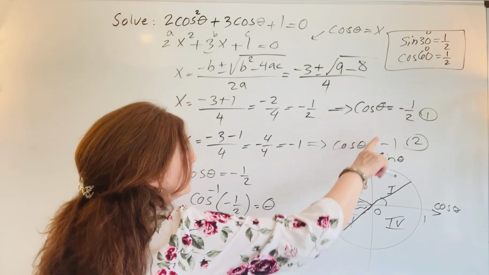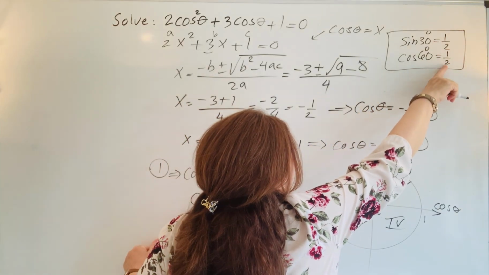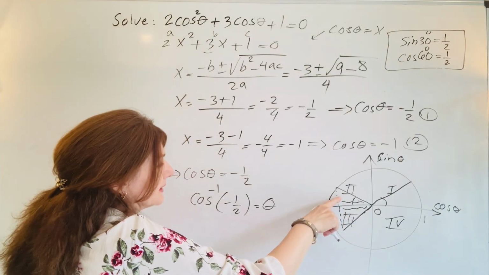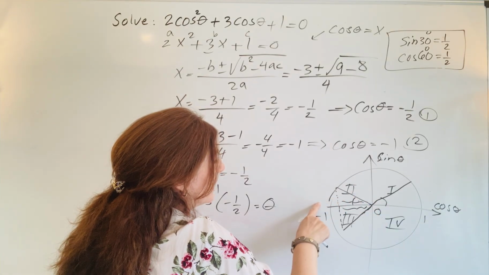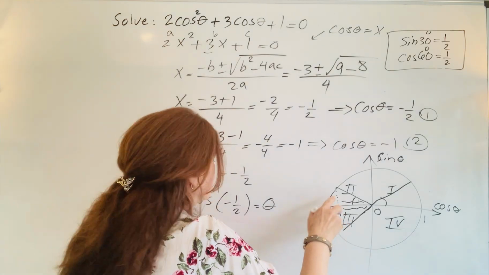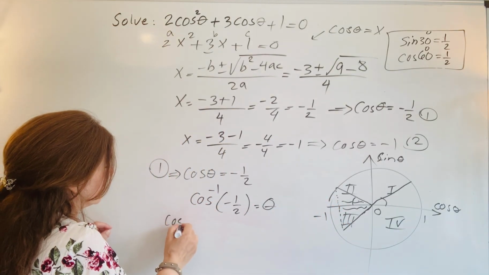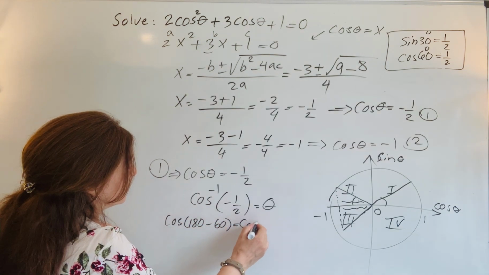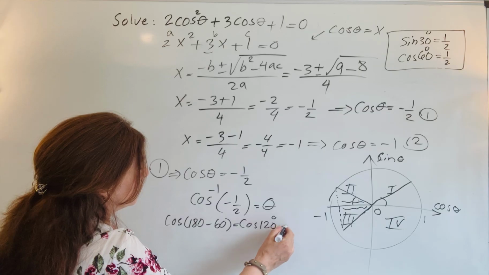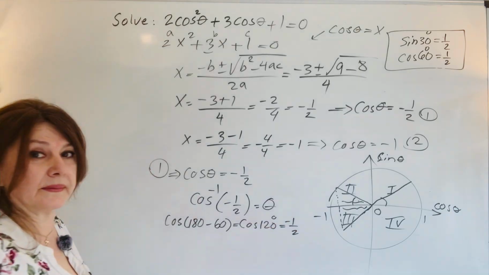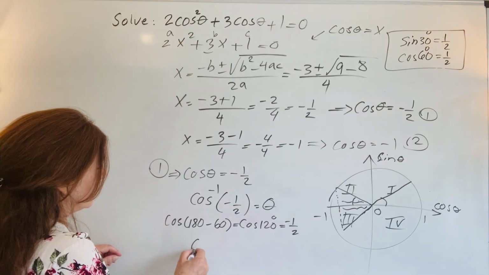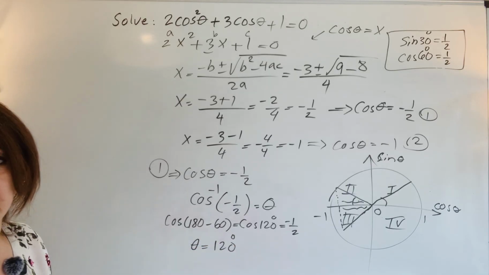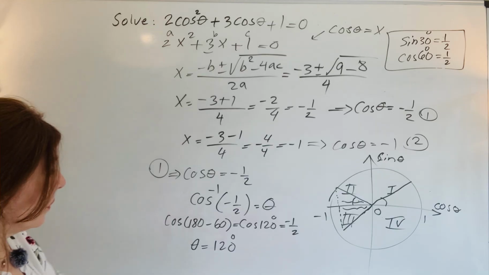We know the cosine of 60 is half, but in this quadrant the angle is not 60, it is 180 minus 60. The cosine of 180 minus 60, cosine of 120 degrees, is negative half. So theta can be 120 degrees.